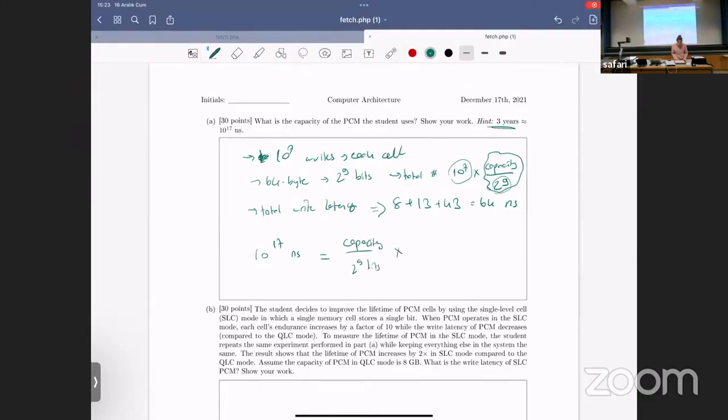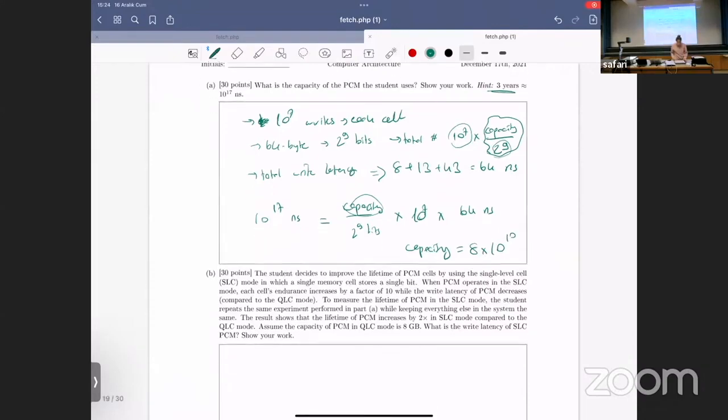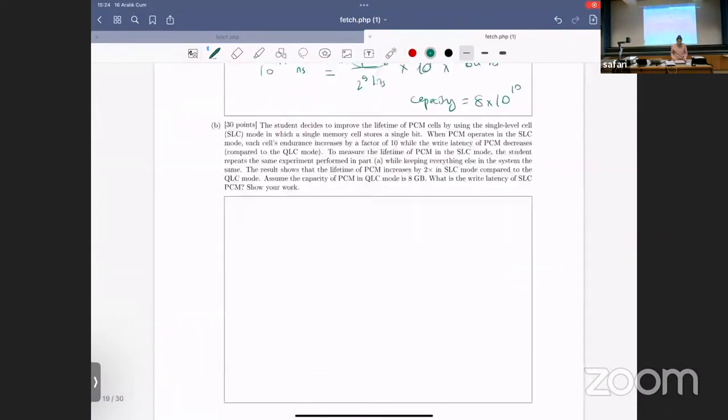And then the number of writes you should send for each position of the memory, and then the time it requires for one write in total, which is 64 nanoseconds. And then you should solve for the capacity, which is going to be 8 times 10 to the 10. Any questions? I guess that was clear.